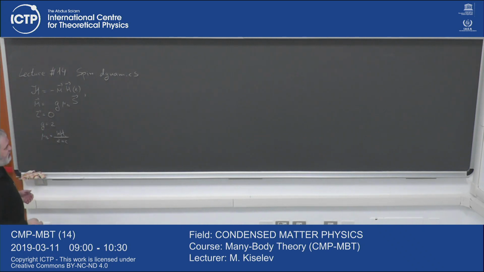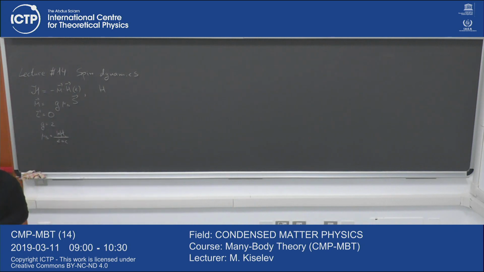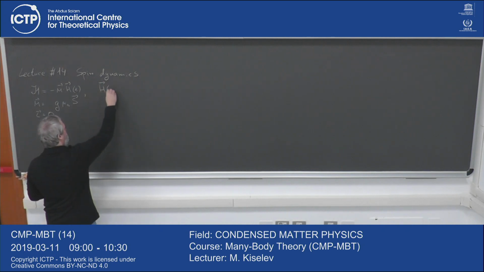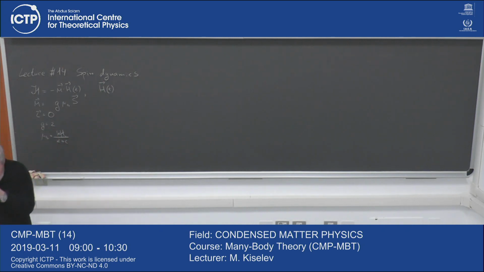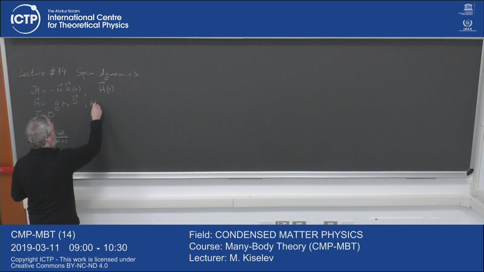So the problem is set, and as I said, I will take some magnetic field, actually a time-dependent magnetic field, which will have a large constant component, and I will take the direction of my axis Z, the quantization axis for spin, along the constant component. So I'm saying Z would be parallel to H node.